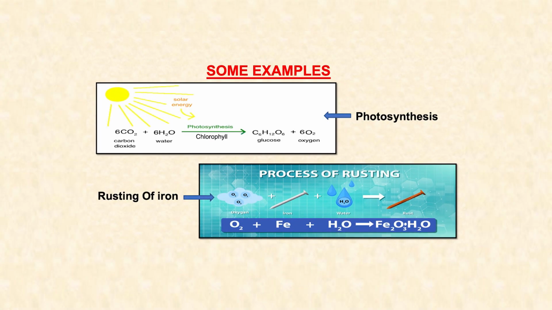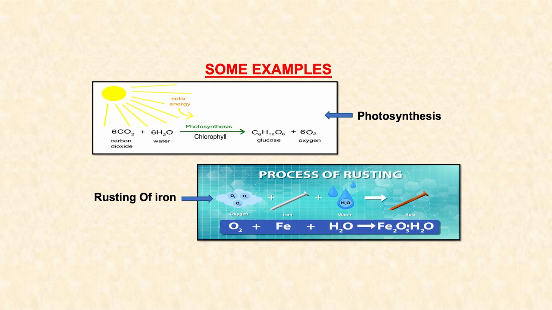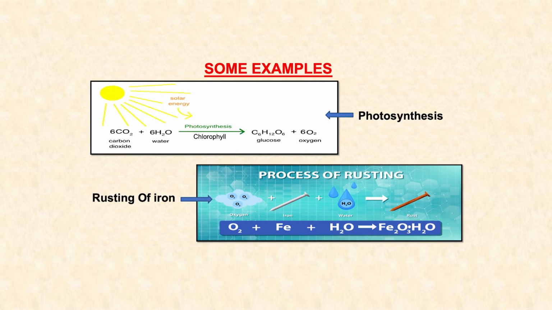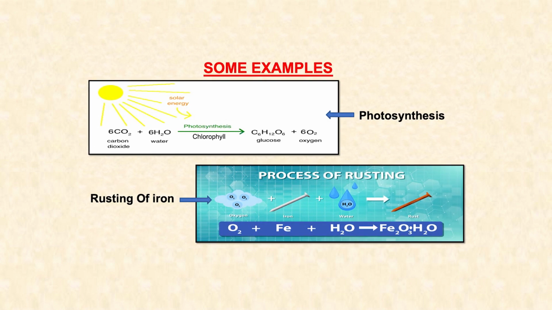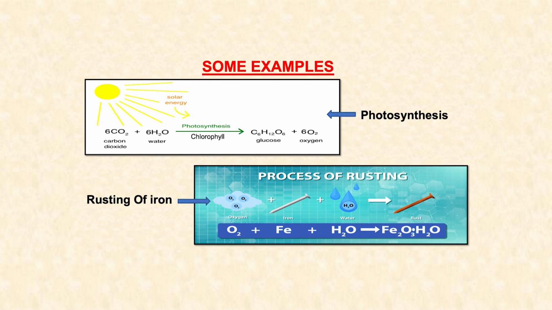Now, let us try to understand these by taking few examples of chemical reactions. We all know that plants prepare their food by the process of photosynthesis. Can you name reactants and products in the process of photosynthesis? Yes, you all are correct.